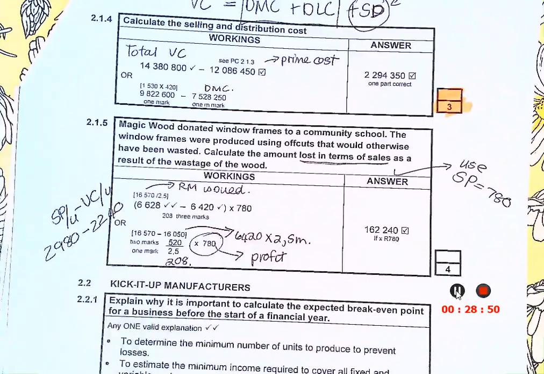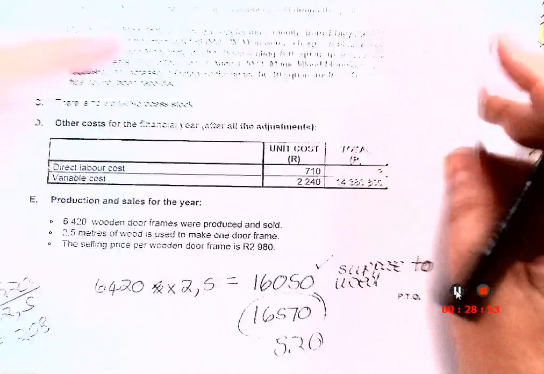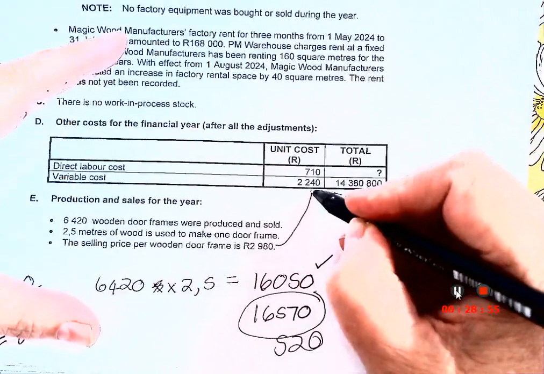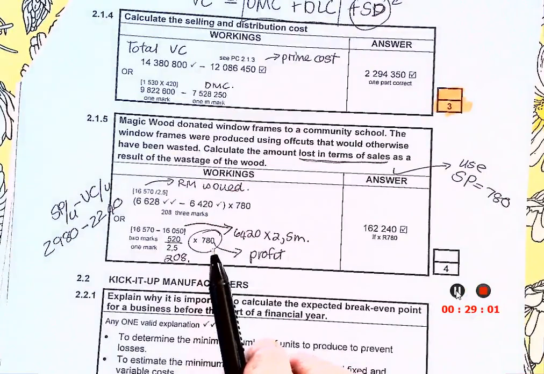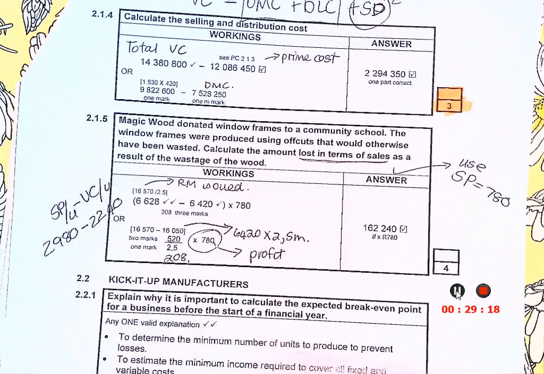Can't give me 740, because it's 740. Now how did he get 780? I don't know where he gets that 780 then. Basically, they charge the selling price of the windows.